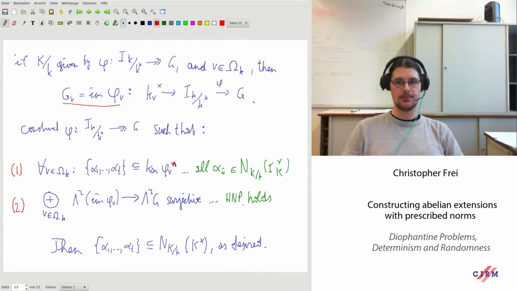And this condition ensures that the Hasse norm principle holds. So taking these two together, we see that all these alphas will not only be local norms, but will in fact be global norms, as desired. So now we construct such homomorphisms phi that have these two properties.